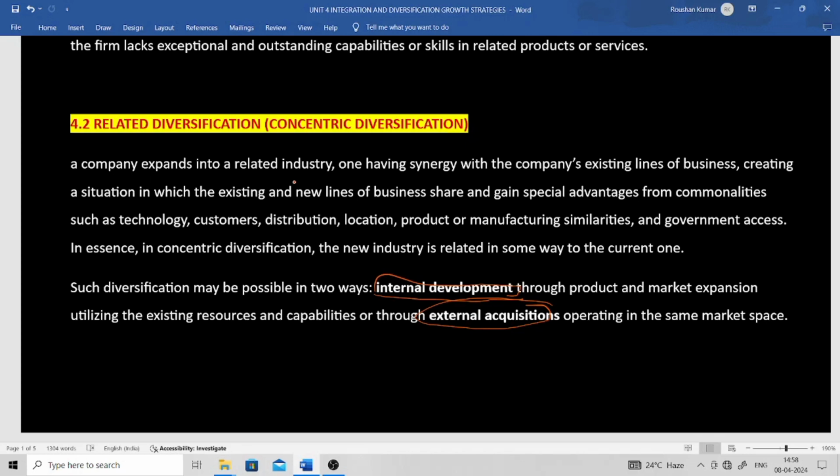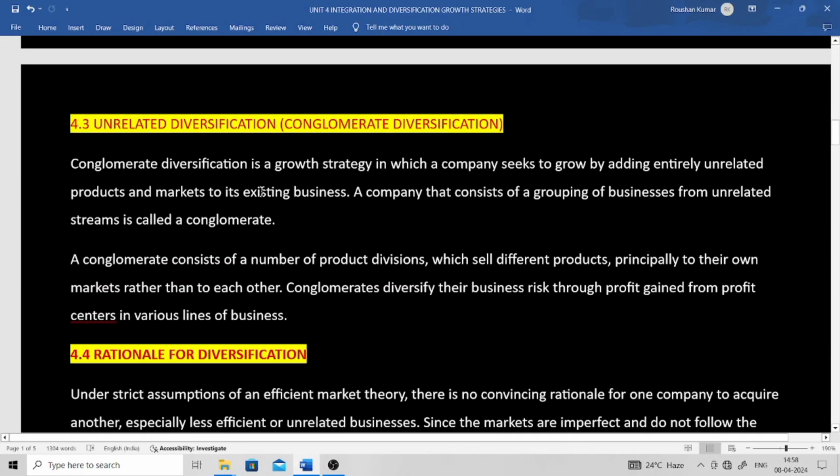Now next you have unrelated diversification. Related diversification was all about diversifying into similar industries where the existing resources and capabilities can be utilized to its advantage. Now in 4.3, unrelated diversification, what happens?